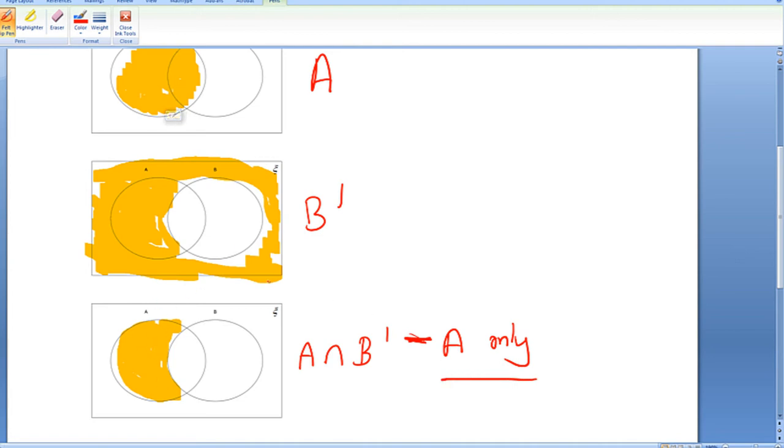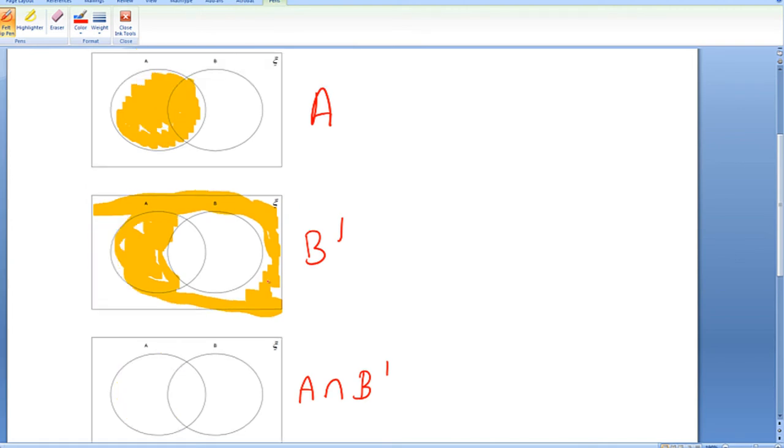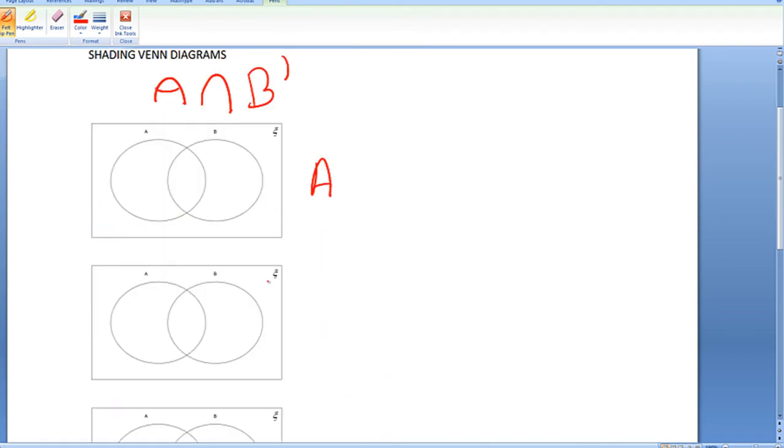All right, so if we did not A intersect B, what we're presuming this means is that we're shading B only, because the reverse, which was A intersect not B, was A only.